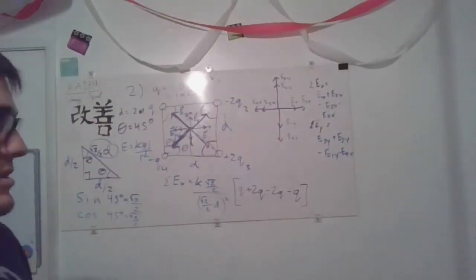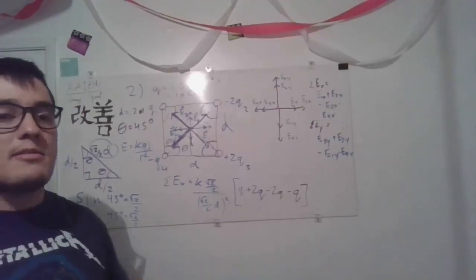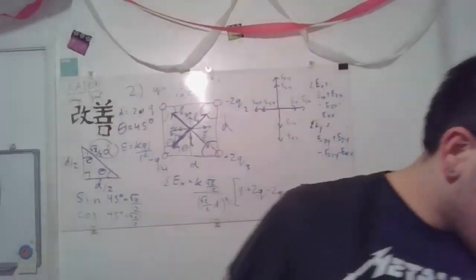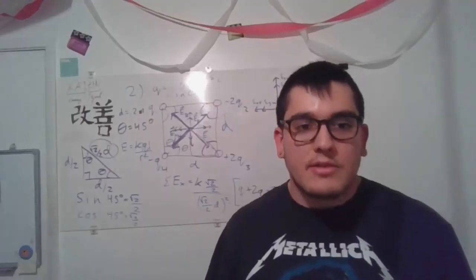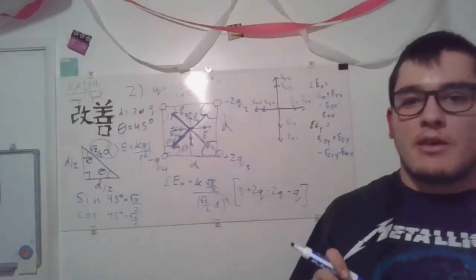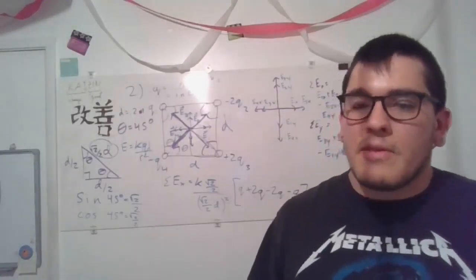Does everybody think that the electric field is zero at the center? Does it look like it? Let me look at this property. Okay, so if you guys all remember, you guys got zero? Okay, good.